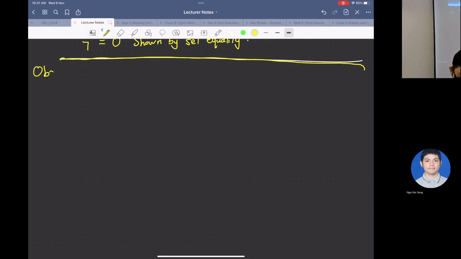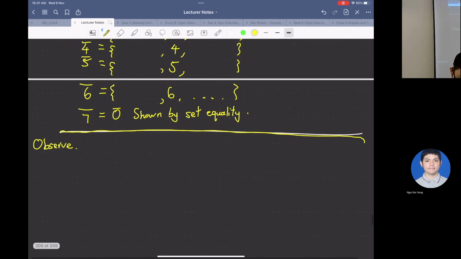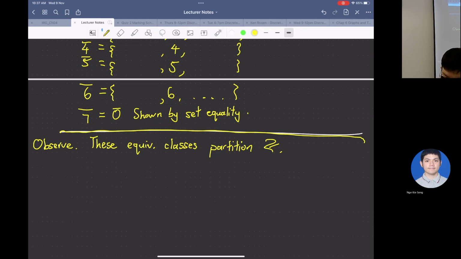So let's observe that these equivalence classes partition Z. What does this mean?